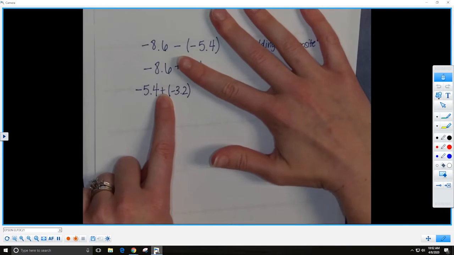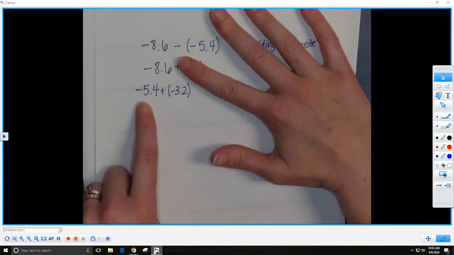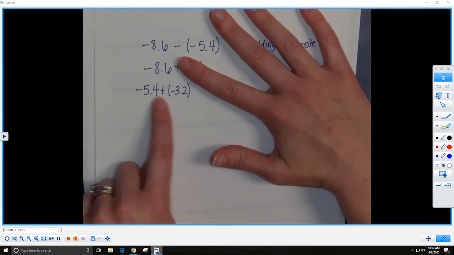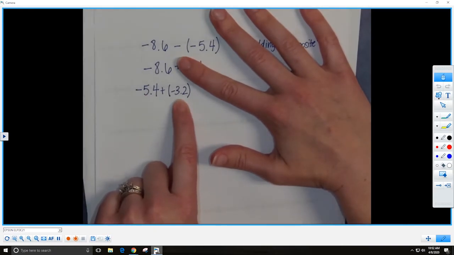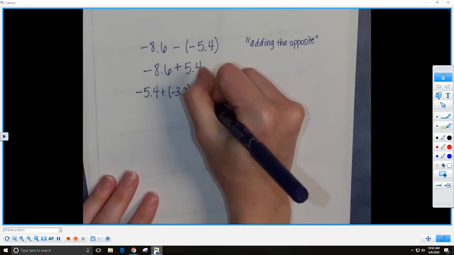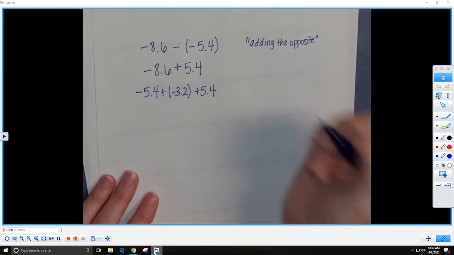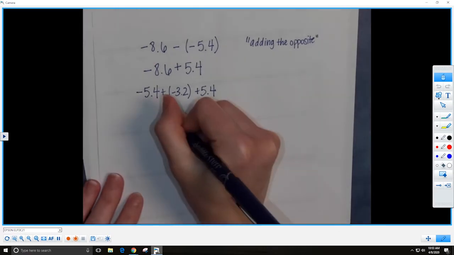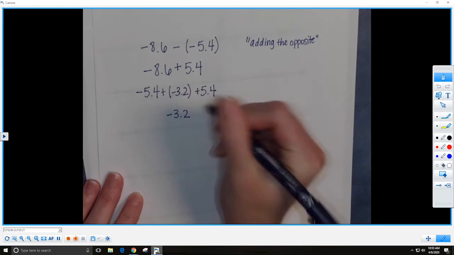I've just decomposed 8 6/10 into -5 4/10 plus -3 2/10, so that this will help me out with my adding and creating some opposites. So to finish out the rest of the expression, I also have plus 5 4/10. So when I add these, what is my final answer going to be? I hope you said -3 2/10.